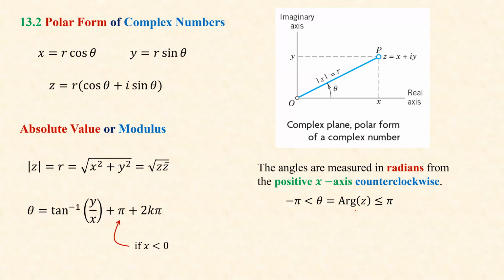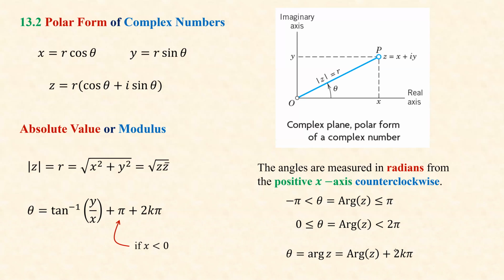And in any other case, when you have a multiple of 2 pi added to the angle, we call it the argument of z with lowercase a.